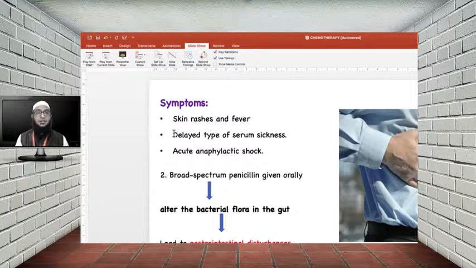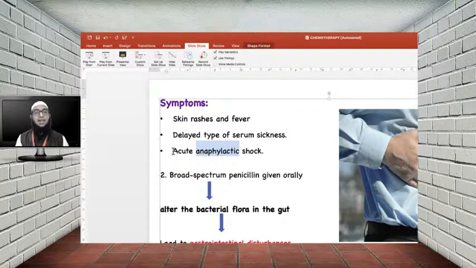There could be a possibility of delayed-type serum sickness, and also a severe kind of allergic reaction, acute anaphylactic shock, can be seen as one of the symptoms of hypersensitivity reaction. Okay, so to summarize, penicillin directly does not produce hypersensitivity. It is the degradation product of penicillin that binds to the host protein, and once it binds, this combination becomes antigenic, and now there will be release of antibody.